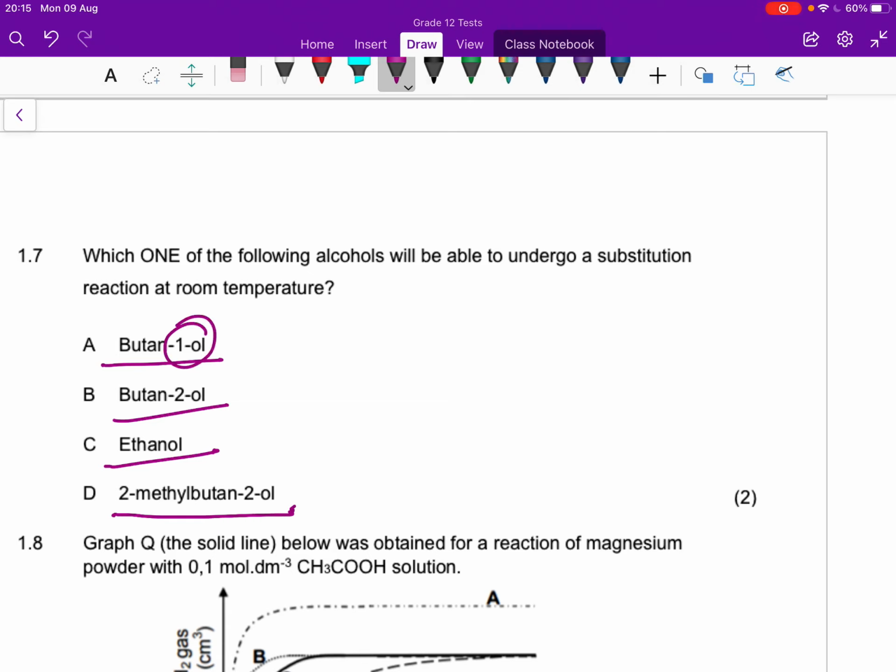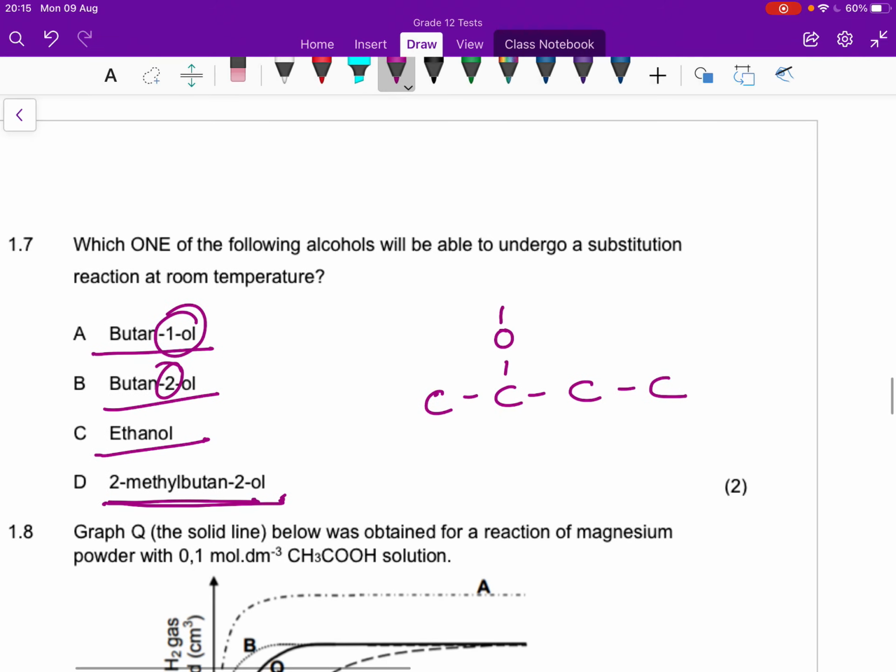Ethanol is always a primary, can't be anything else. This is tertiary because it's butane, right? And on the second one is the OH, and then we have a CH3. So this is definitely the one that will undergo substitution at room temperature. The OH will come off, so it has to be D.